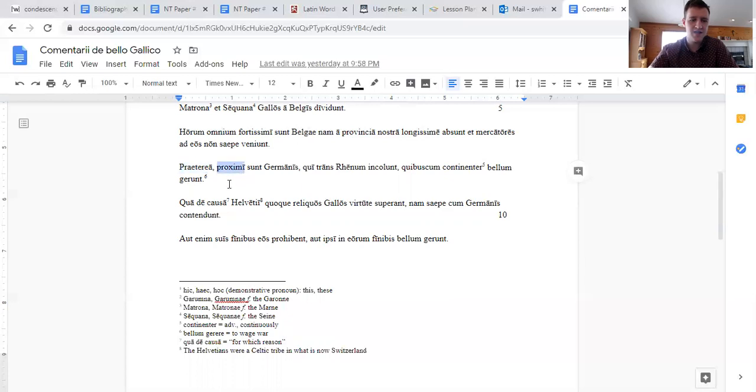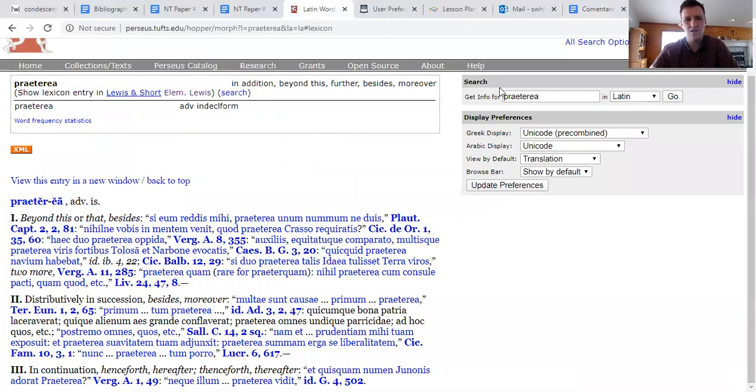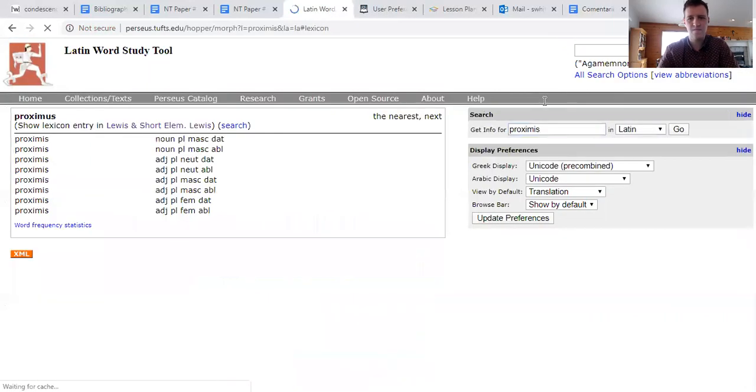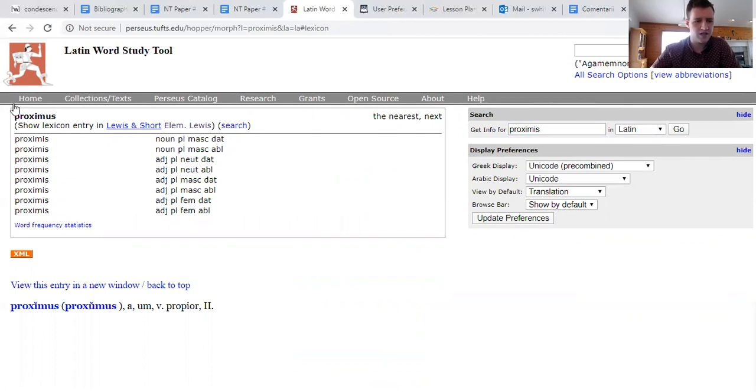This is an adjective that means near to, and it takes the ablative case usually. So they are the nearest, proximi sunt, they are nearest Germanis, to the Germans. Ablative or dative. Let's check on that.